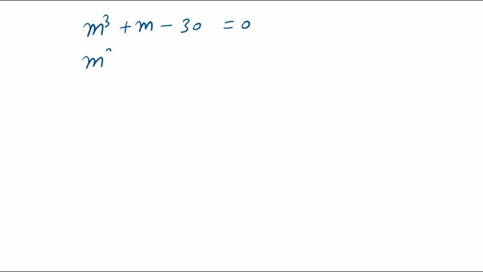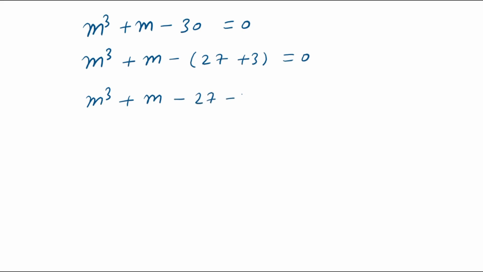Here m^3 + m - 30, where 30 is 27 plus 3, equals 0. Then m^3 + m, and this minus is multiplied inside the bracket, so minus 27 minus 3, equals 0.